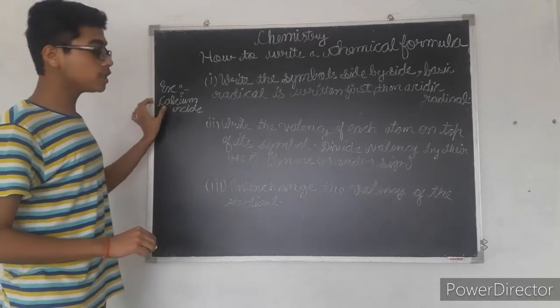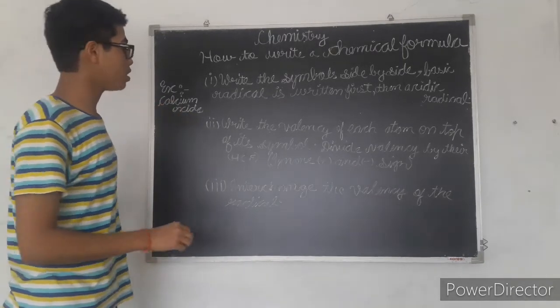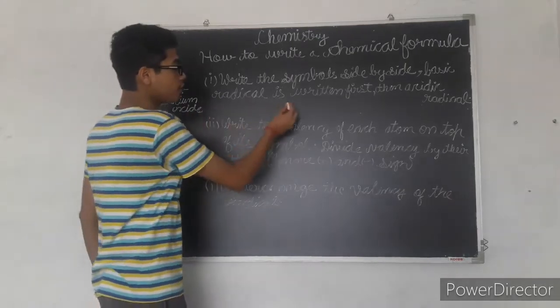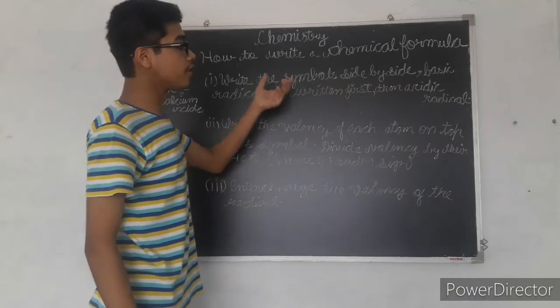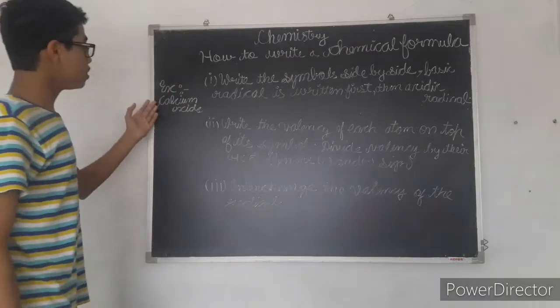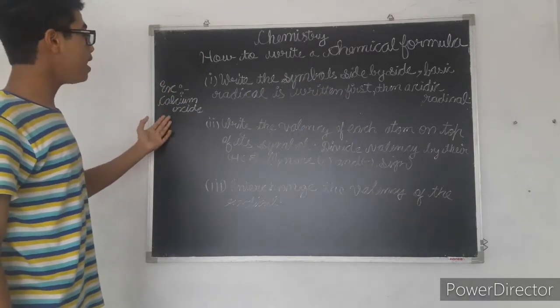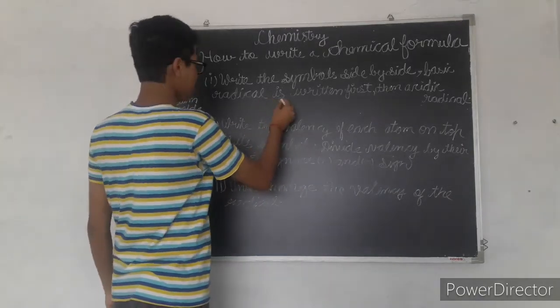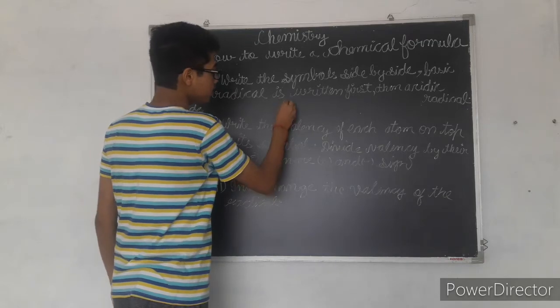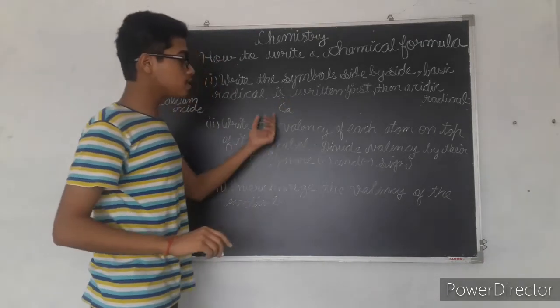Here there are two elements, one is calcium and another is oxygen. So first we have to write the symbols side by side with basic radical first and then acidic radical. So calcium is a basic radical and oxygen is an acidic radical. So calcium symbol is Ca. Ca is the symbol of calcium.